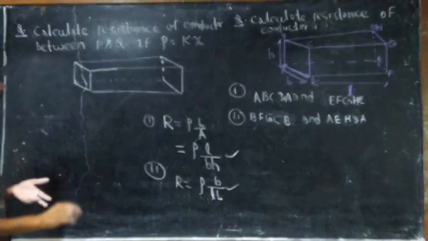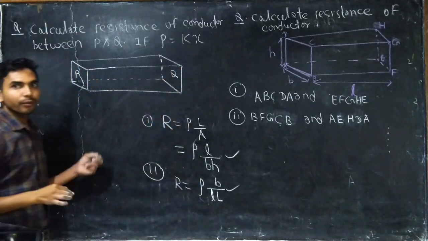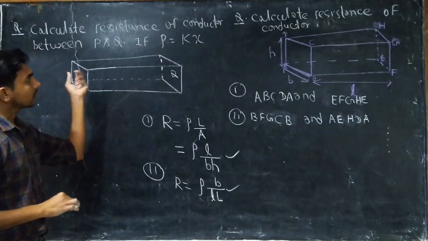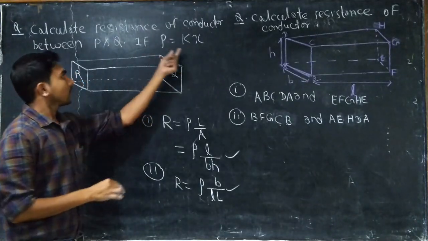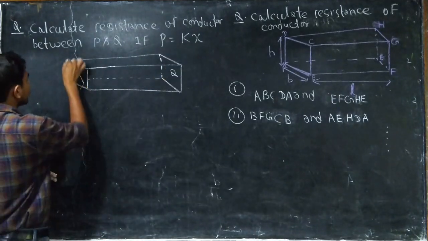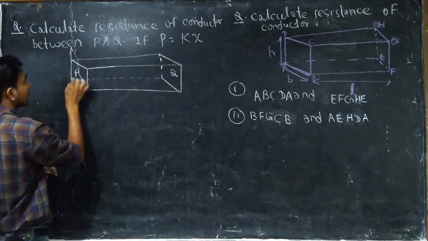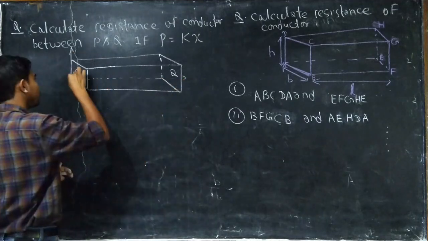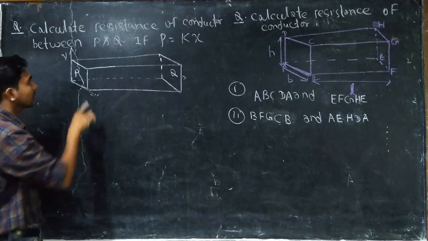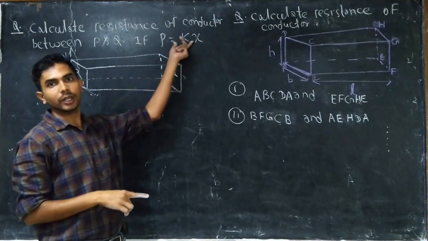Okay, so this is your phase P and this is phase Q. We have to find the resistance between phase P as well as phase Q. But here you can see your resistivity is varying with X. So suppose I take the coordinate axes like this: this is your X axis, this is your Y axis and this is your Z axis. As you move in this direction, the value of X will change.